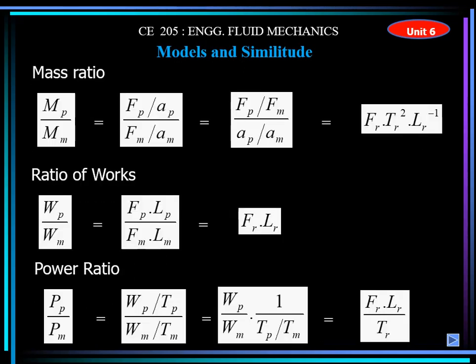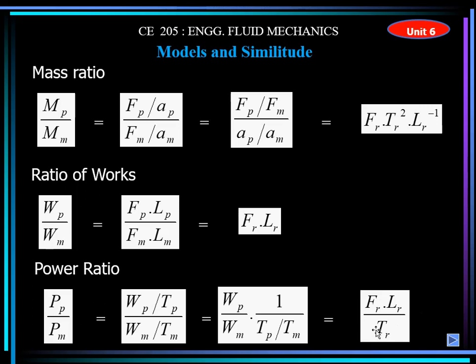In this case, you can see that the power of the prototype is given to us. The length ratio is given, 8:1, so 8, and the velocity ratio is also given, 2:1, so 2, and we need the power of the model. The formula of the power which we saw in the previous slide when we were talking about the similarity is FR LR over TR.